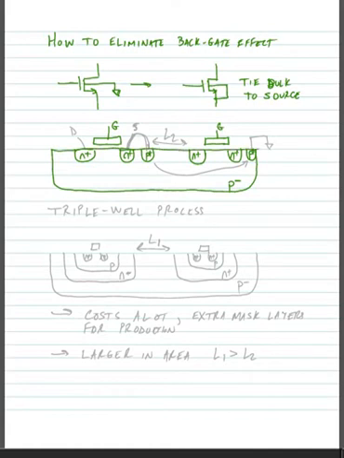Alright, so we know that we're going to try and tie this P-type material to ground, and the reason is we have these parasitic P-N junctions, and we'd like to make sure that the P region is always tied to ground so that we can't forward bias that junction, or at least it would be very difficult to forward bias that junction.